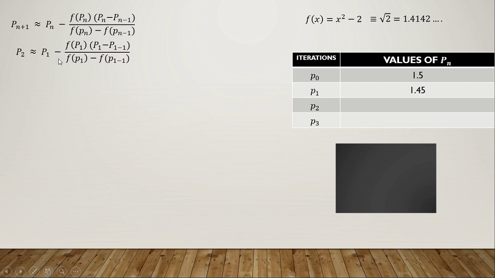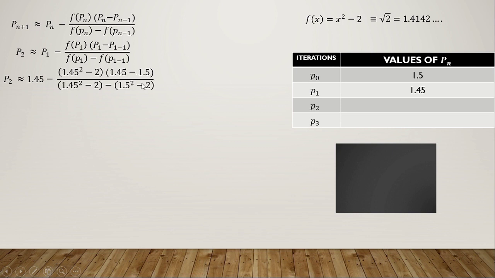And then when we substitute all these values here, we have 1.5 and 1.45, and you are going to get this type of relationship here. In this function, wherever x is, you just plug in those values, and we have 1.45 squared for this guy minus 2, and we have this equation.